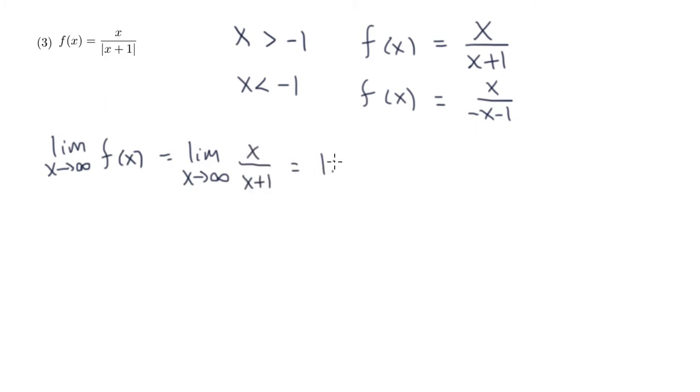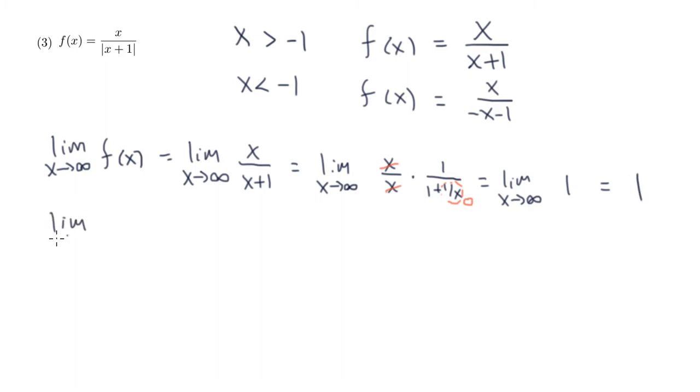And if I do my now familiar trick, factor out the highest power of x, I'm taking the limit of x over x times 1 over 1 plus 1 over x. Okay, but since I'm far away from 0, I can just cancel this. This is going to go to 0. And so what I have is just the limit of 1, which is 1.